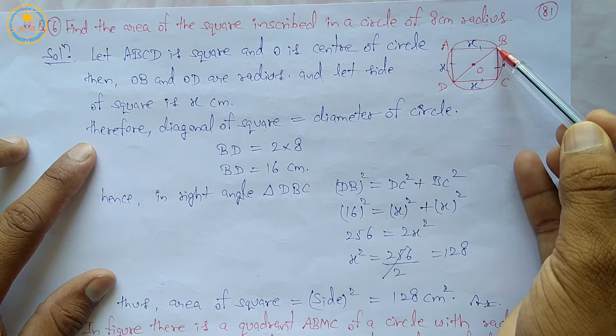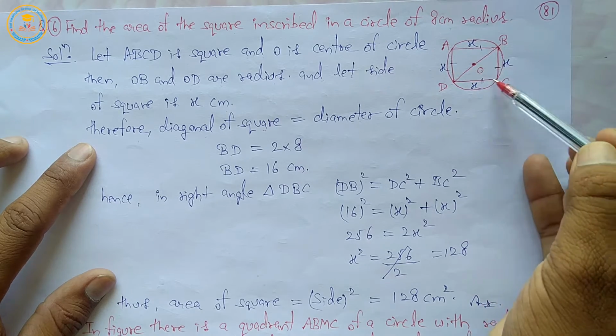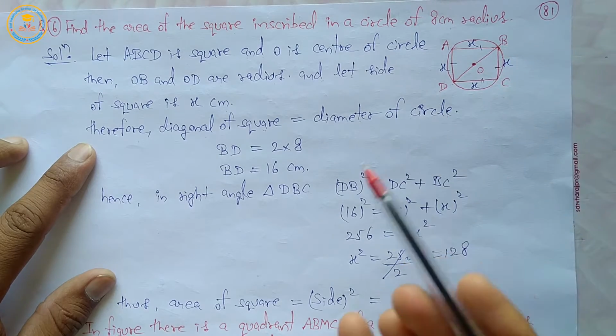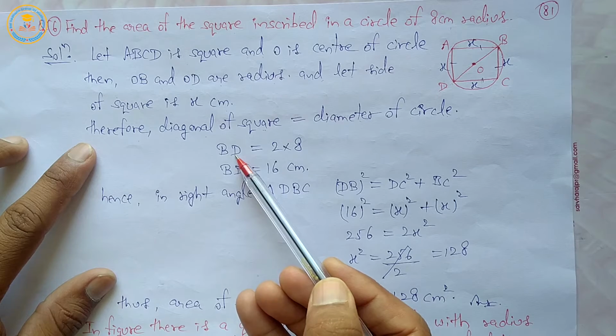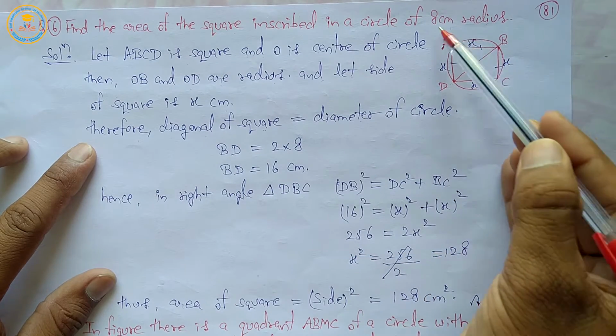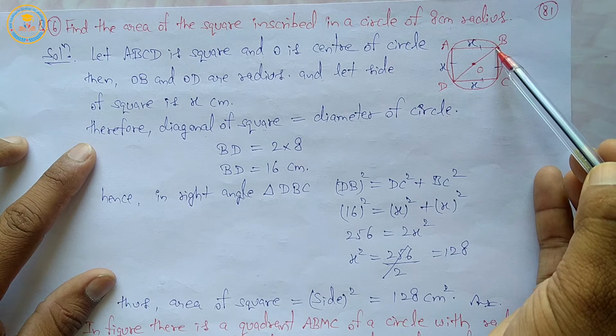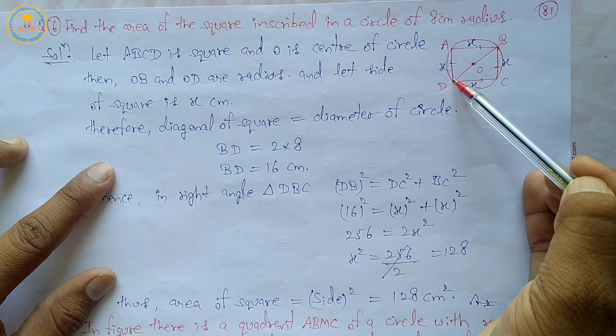DB is the diameter of the circle and DB is the diagonal of square ABCD. It means the diagonal BD equals the diameter of the circle. The radius of the circle is 8 and the diameter is double the radius.